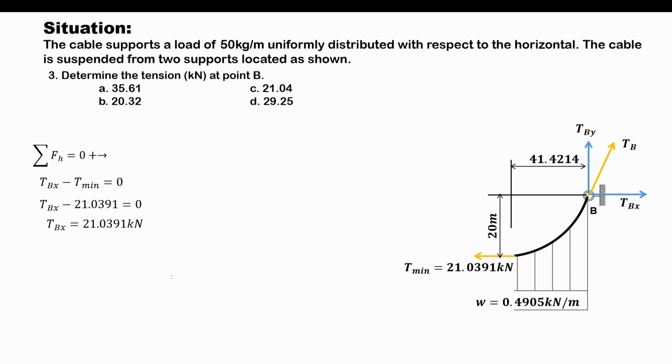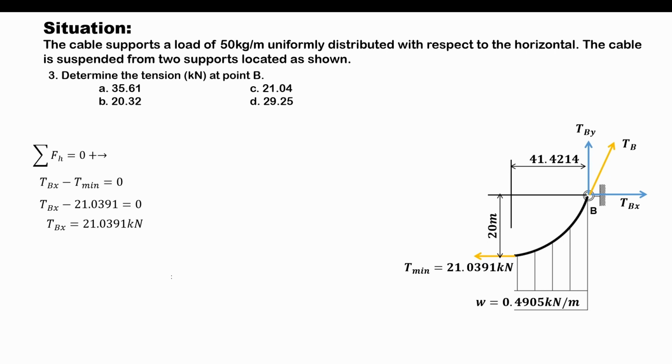So basically, the horizontal component of the tension at B is equal to 21.0391. And this value is also equal to the minimum tension or the horizontal component at C, as well as, if you remember, the horizontal component of the tension at A. And this only proves that the horizontal components of the tension of all points along the cable are all equal.